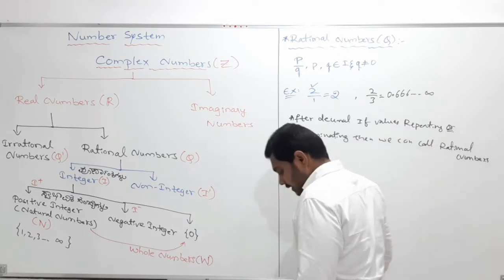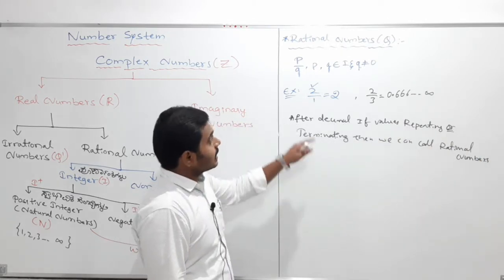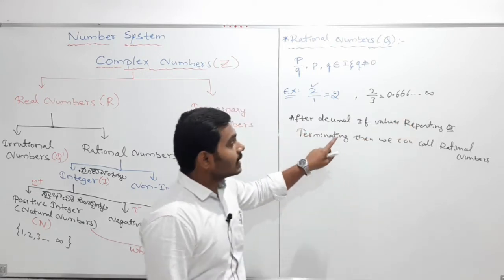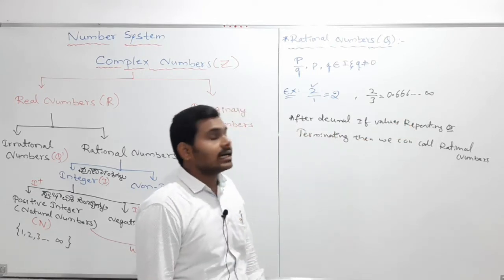So this is another definition, my dear students. After the decimal, if the values are repeating or terminating, then we can call those numbers rational numbers.